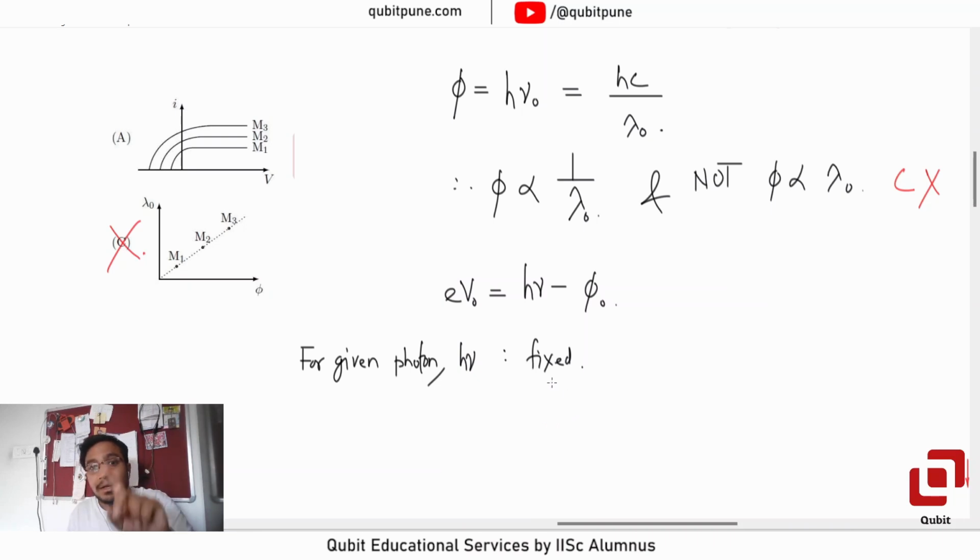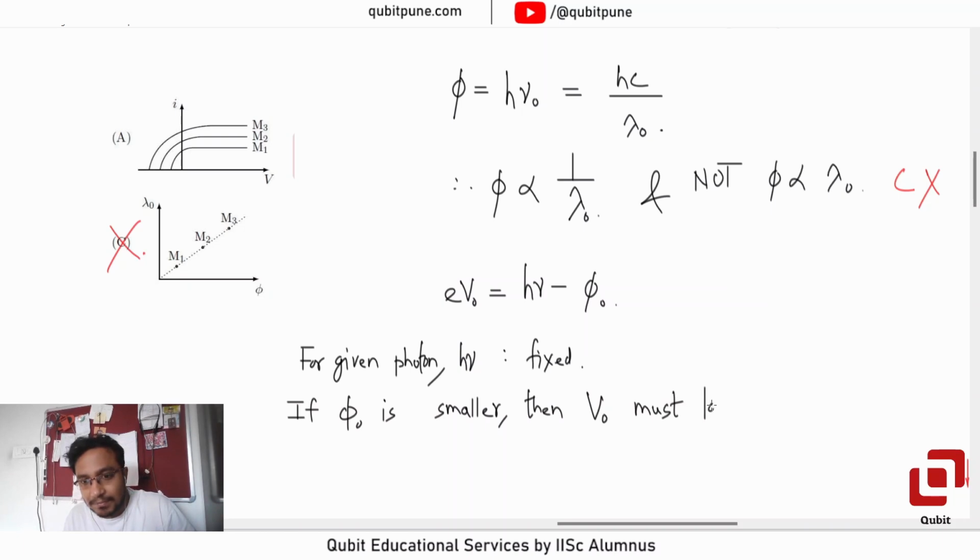What does it mean? It means if phi naught is smaller, then V naught must be larger. Raise your hands if you understood this point.